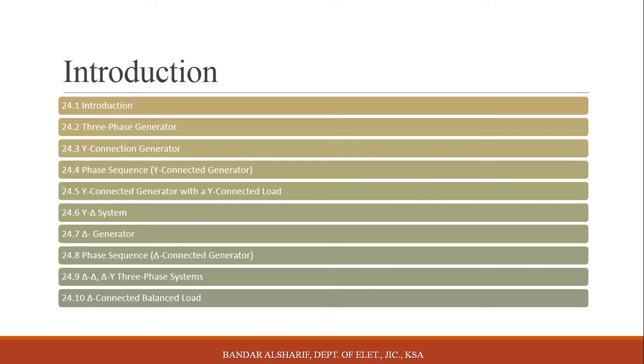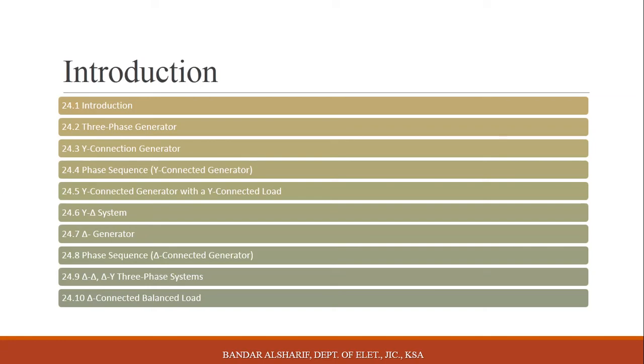We have four options to connect them: either Y connection, or Y delta connection, or delta connection, or delta Y connection. The system here, polyphase, we concentrate on the three phase system because we get more efficiency when we use three phase system.